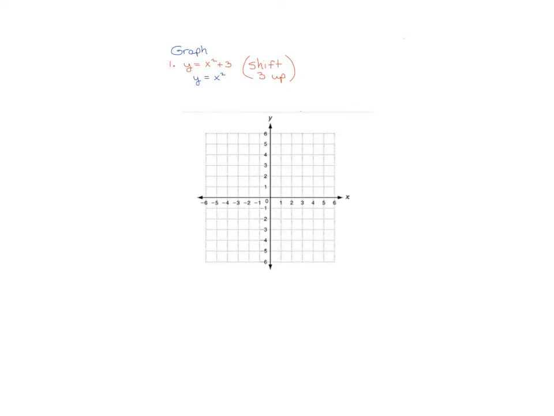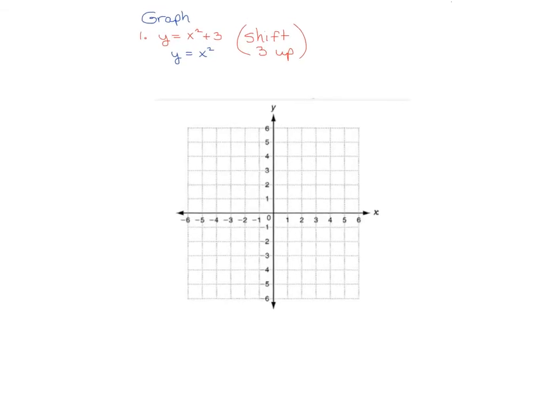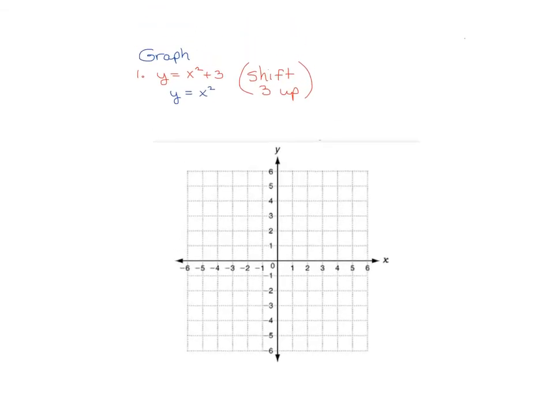So the first example here, notice we have a number that's being added to the x squared. We're going to compare it to the basic function of y equals x squared. So I'm going to graph the y equals x squared first, and from there we're going to shift the 3 points around the origin 3 units up.